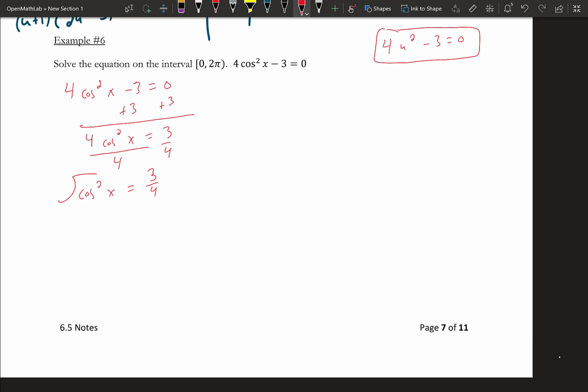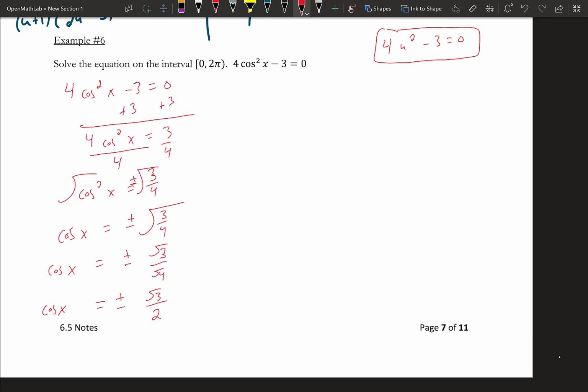Then I take the square root of both sides, but remember we have to put a plus or minus on one side since it's an even index. So cosine of x equals plus or minus radical 3/4. But radical 3/4 is the same thing as radical 3 over radical 4, and radical 3 doesn't simplify, but radical 4 is just 2.